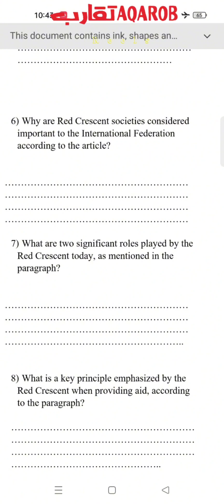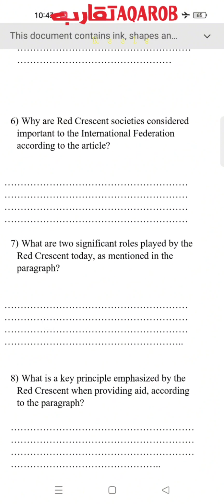So, the answer is that the Red Crescent societies are important to the International Federation because they have developed guidelines that include non-Western traditions.